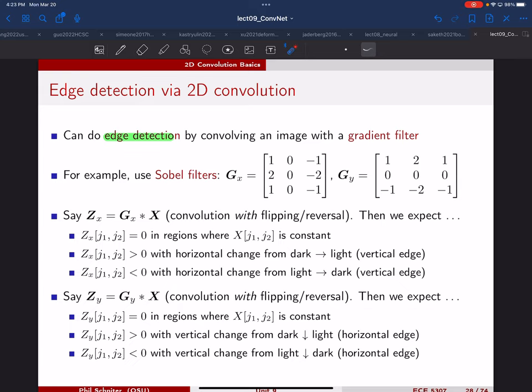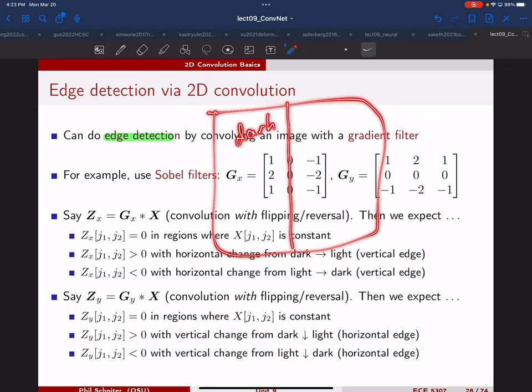And so imagine that this is sitting on top of an image where you have a vertical edge. Maybe you have dark here and light here. And you can see what's going to happen is the dark pixels, those are small values. The small values will be multiplying positives. The large values, light, will be multiplying negatives. And so overall, that will give you a strong negative response, at least if you're doing correlation.